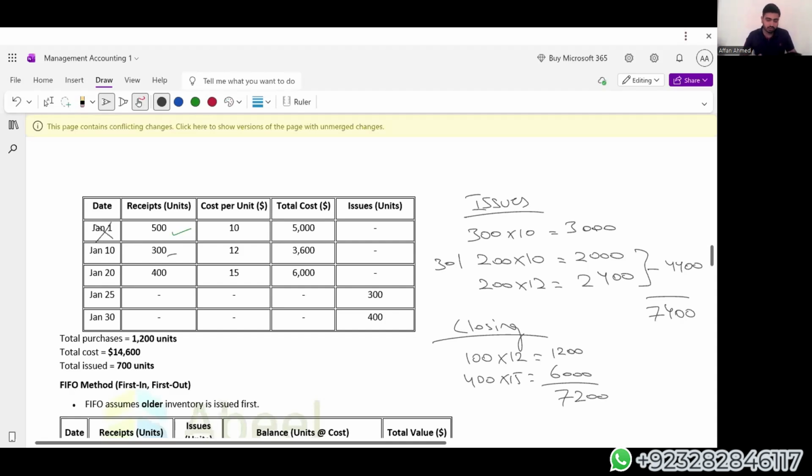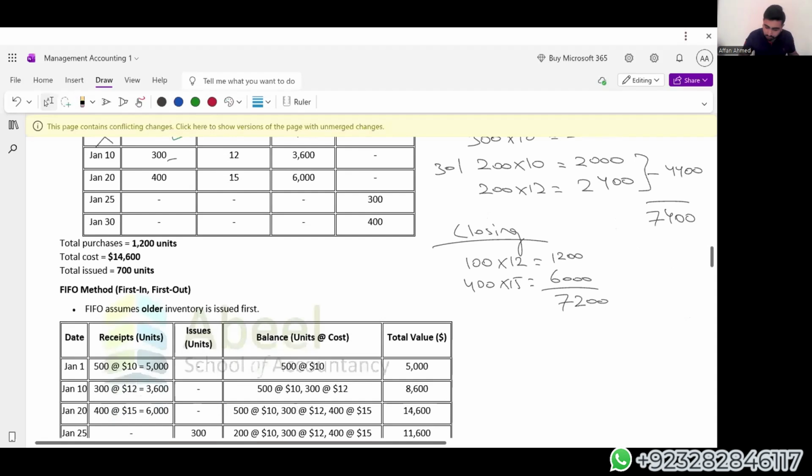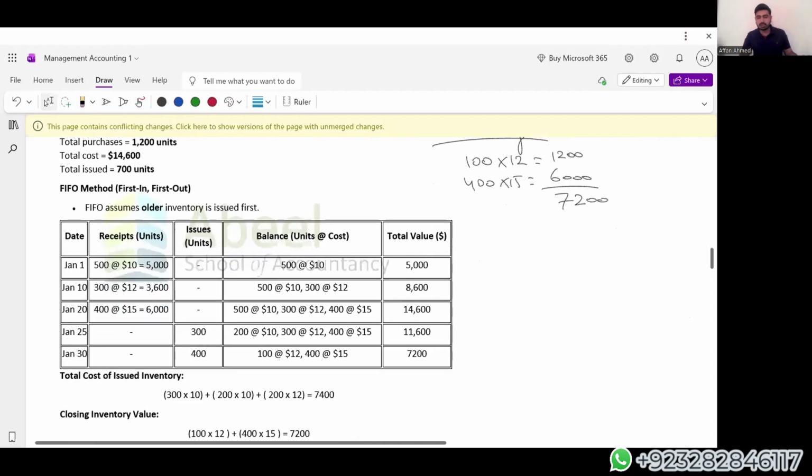I have used a shortcut method here. The longer method is done below just for you guys. So it is very easy to follow the particular purchases and the sales as well. You can see that the first issue was made of 300 units out of the first 500 into 10. If we are looking at this area, this table is to be understood by us.